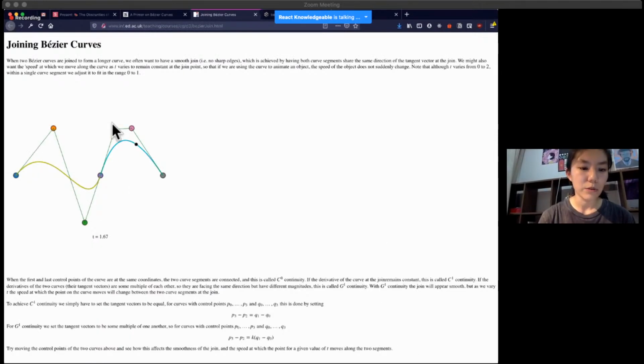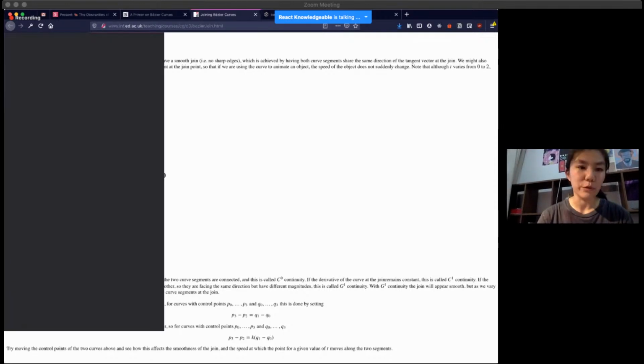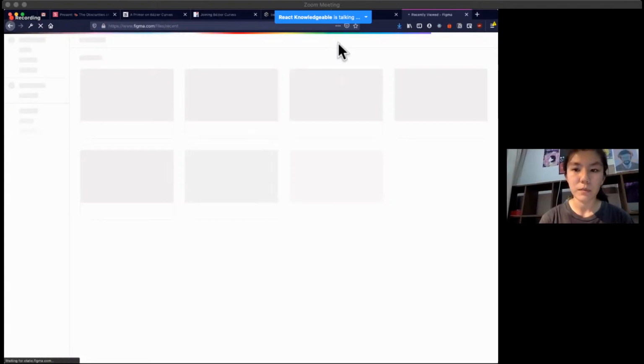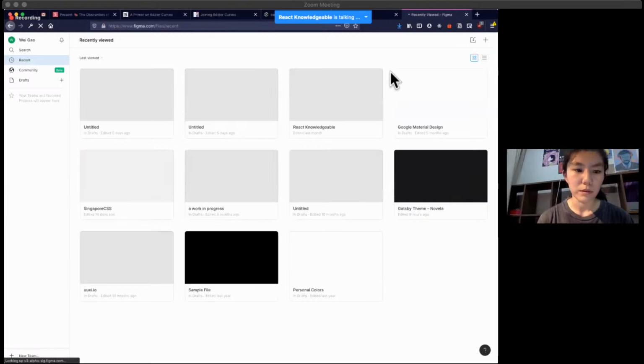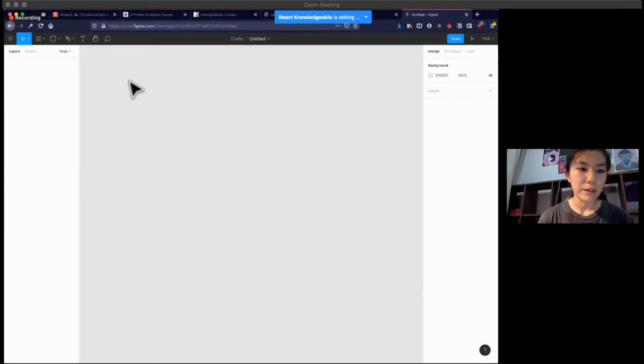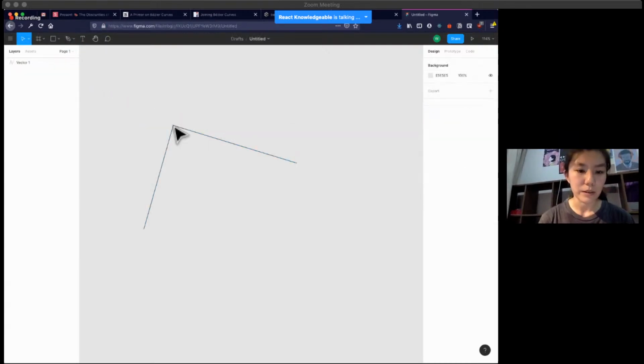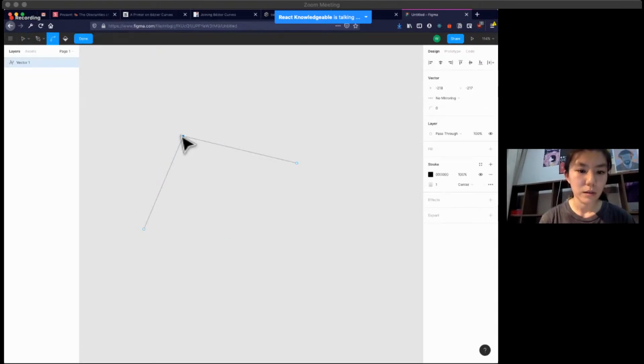This is why if we're using Figma or Sketch or anything, and let me create a new file, and if I draw a curve and try to tweak this curve, you will see these two vectors coming up, and they're always of the same magnitude, pointing away from each other. This is how you get the smooth condition of joining two connecting Bézier curves.